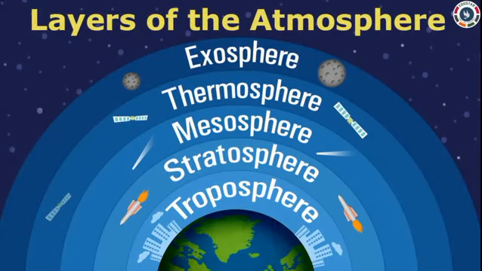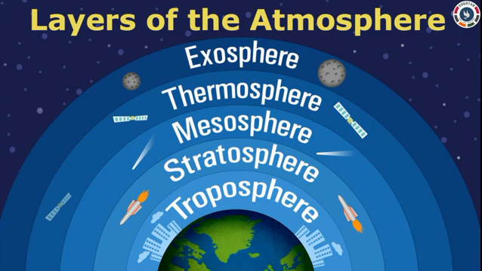The atmosphere can be divided into 5 layers. They are troposphere, stratosphere, mesosphere, thermosphere and exosphere. Dear children, they have given 4 layers in your book. See page number 69: troposphere, stratosphere, ionosphere and exosphere.